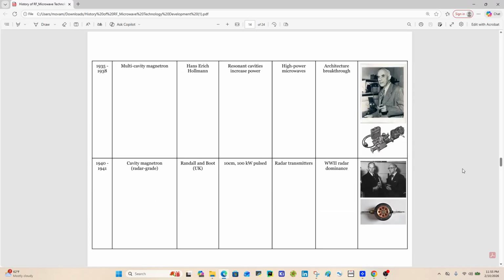In 1935, multi-cavity magnetrons were invented, and with multi-cavity magnetrons you added more control of how the electrons were oscillating between each spoke or each section, and so this enabled higher power microwave generation.